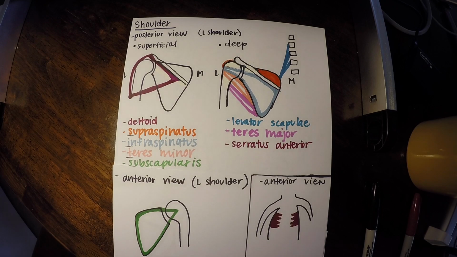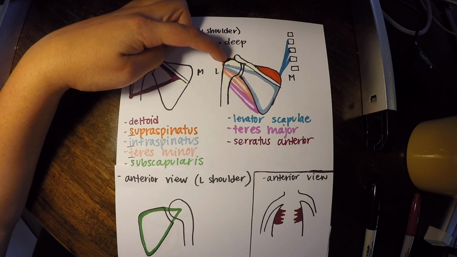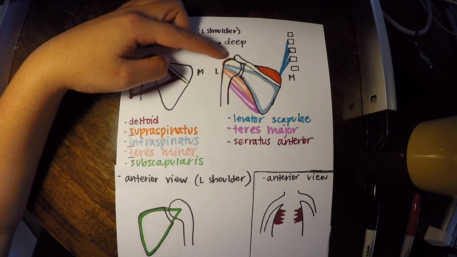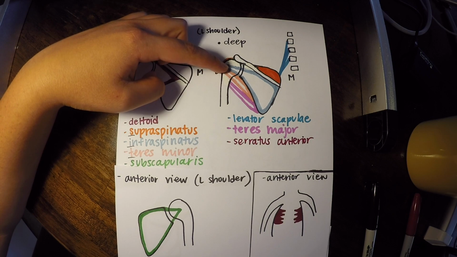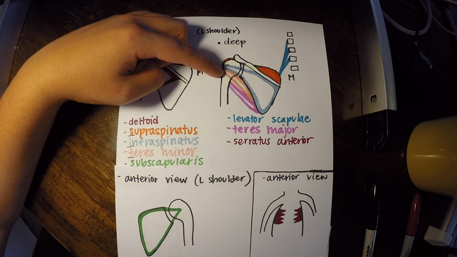All right. So just as a quick review for these shoulder muscles, we have the deltoid that abducts the shoulder, the supraspinatus that also abducts the shoulder. We have our infraspinatus in blue, and then our teres minor that both externally rotate the shoulder.